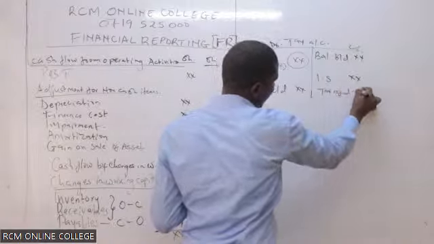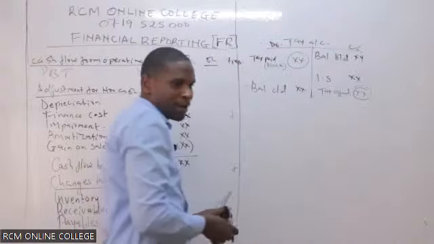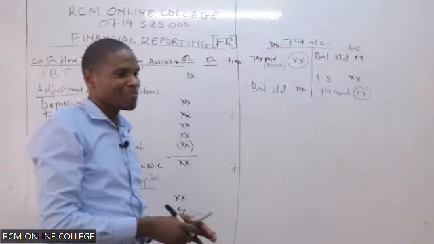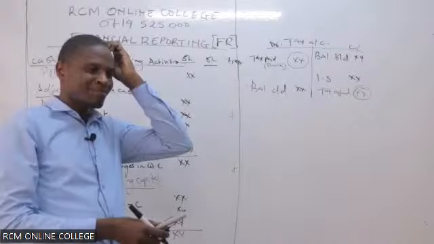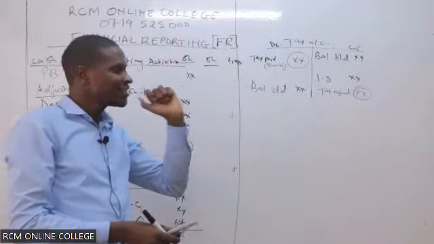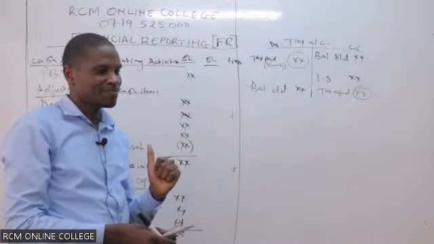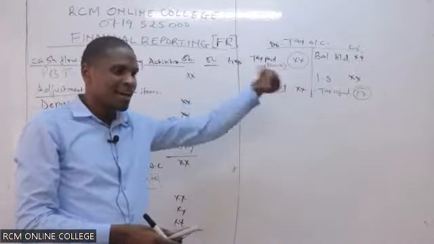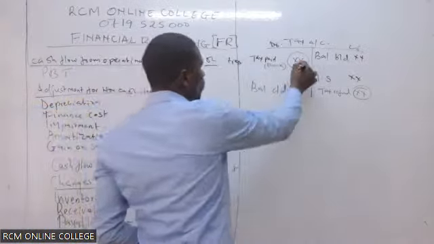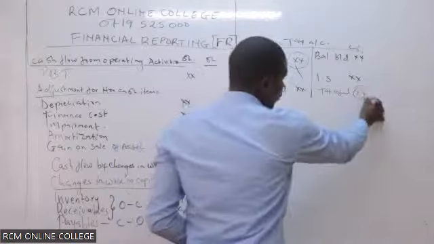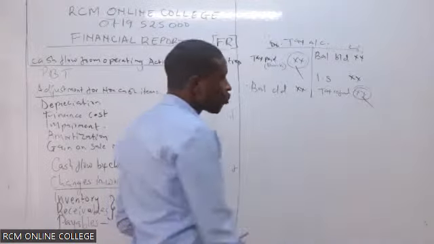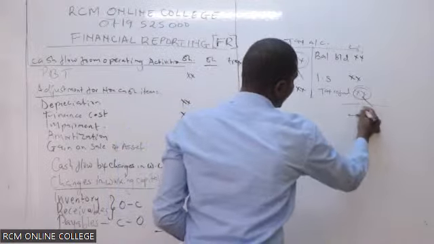And this tax refund, remember it is an inflow, right? Tax paid an outflow. So itakuwa outflow tutatoa, itakuwa inflow tutaongeza. So it depend with the balancing figure yenye utapata.